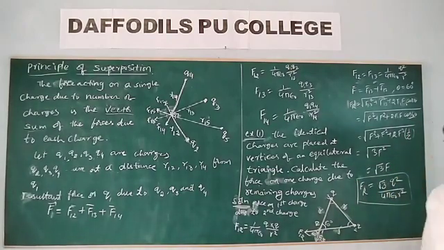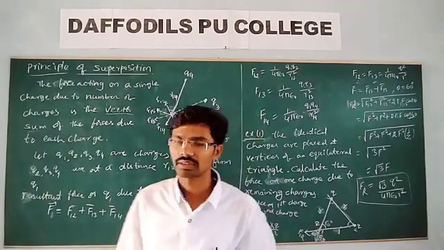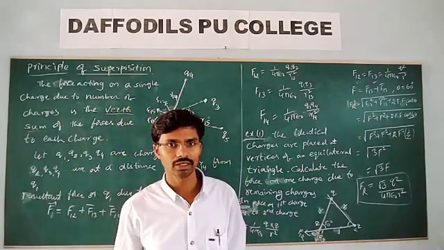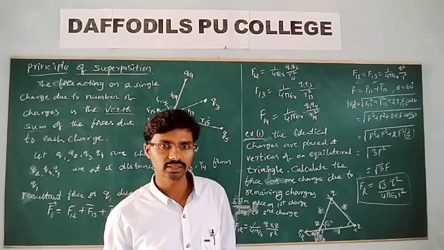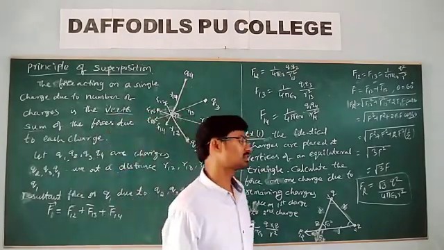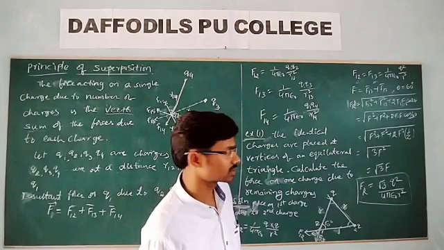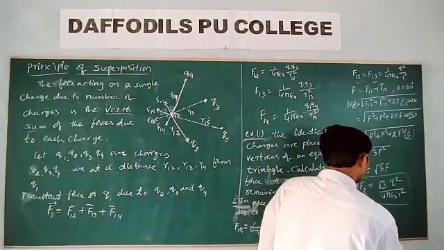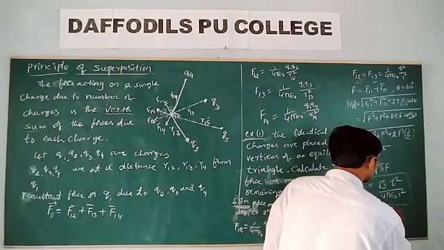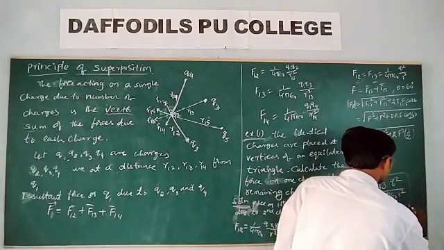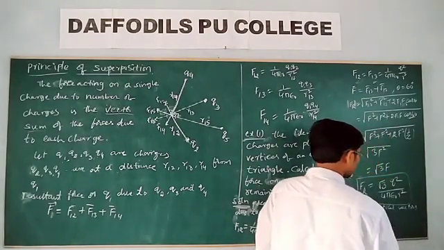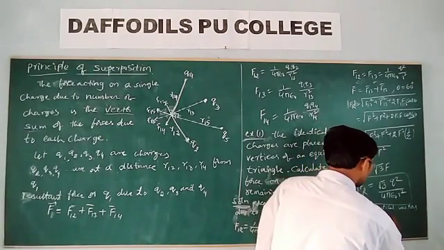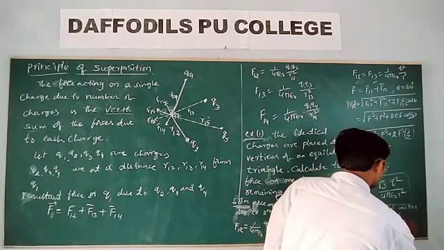Or we even have one more direct formula for equal vectors. In the first part we studied the vectors concept, so that you can understand the resultant of two identical vectors is 2F cos theta by 2.